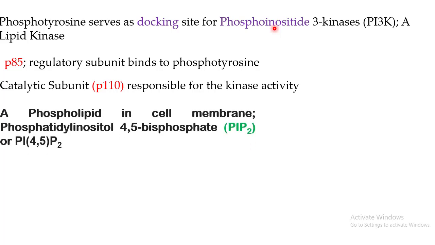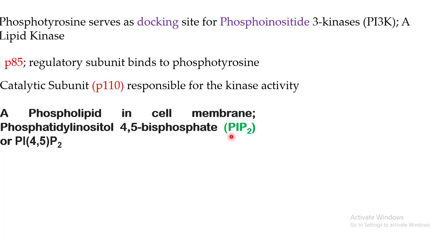Now, what is the substrate of the PI3K? We have activated the PI3K for a purpose: for the phosphorylation of something. The substrate of the PI3K is a phospholipid in the cell membrane known as phosphatidylinositol 4,5 bisphosphate.